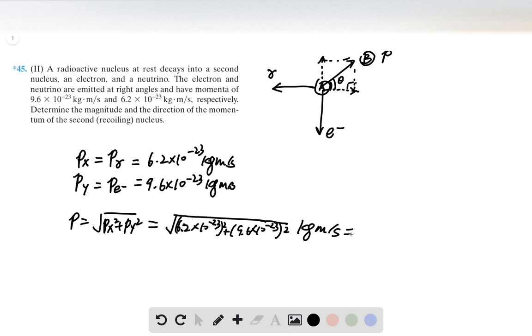This turns out to be 1.14 times 10 to the negative 22 kilogram meters per second. So that is the momentum of this nucleus.